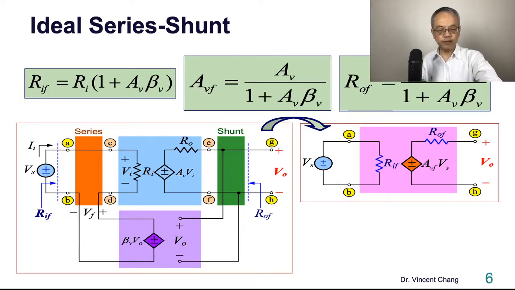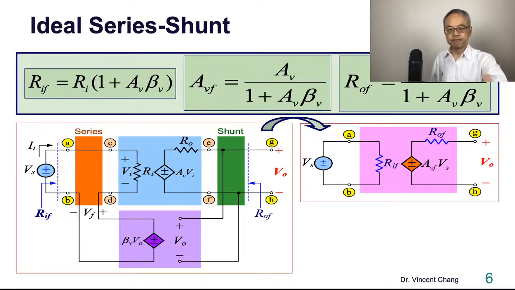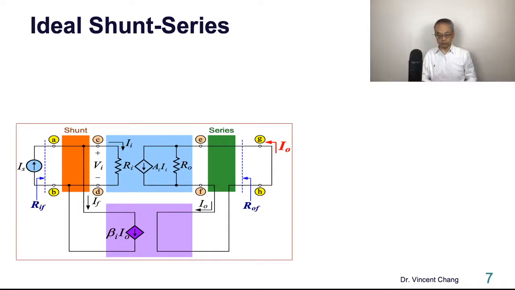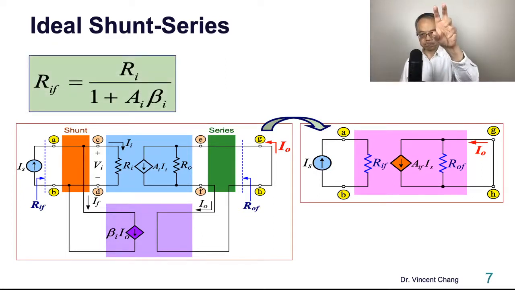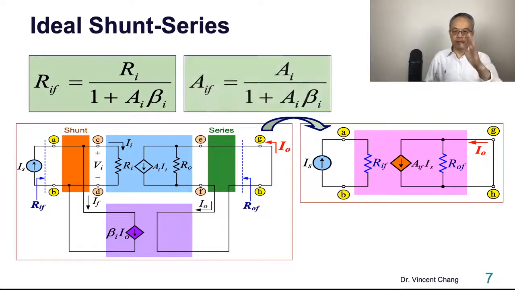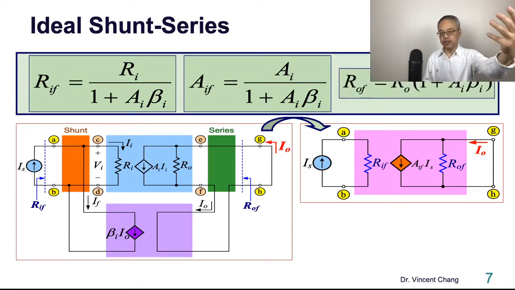Same thing with the shunt-series feedback. For the shunt-series feedback, you can consolidate three components. The shunt mixing causes the input resistance to go down. The relationship for the gain is unchanged. But the output resistance is going to go up.